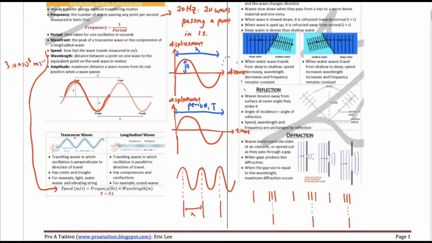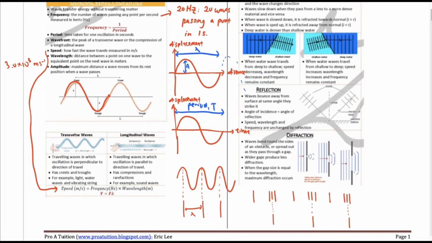Transverse wave, what examples? Just remember, any kind of wave other than sound wave and ultrasound that we have heard so far will be a transverse wave. Like in the previous chapter, we discussed the electromagnetic waves: radio wave, microwave, infrared, visible light, ultraviolet, X-ray, gamma ray.